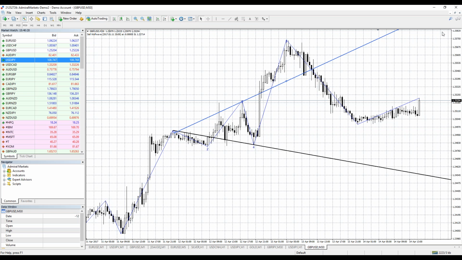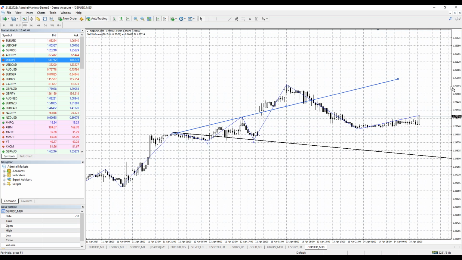The main problem that I have encountered with the classic teaching of Wolf wave is that this wave 5 is very hard to use. If you're focused on a lot of different aspects of forex trading, it's very hard to spot it by yourself. And if you think that wave 5 will stay like this, it won't, because wave 5 can repaint. Let's say this was wave 5 here, and it was printed out.